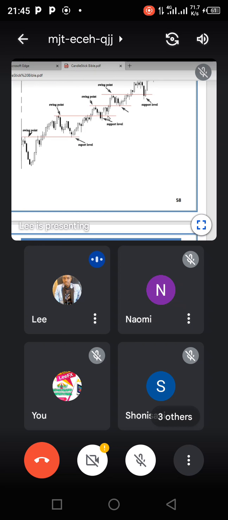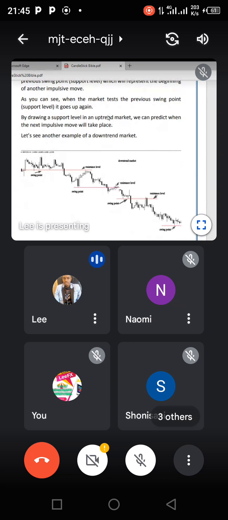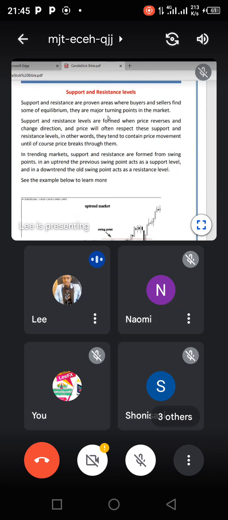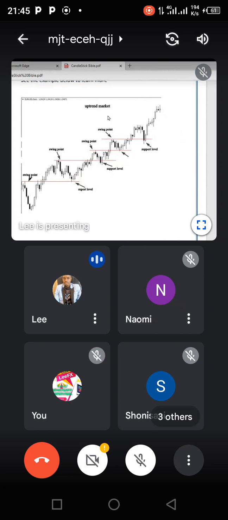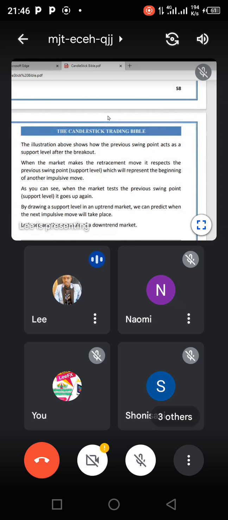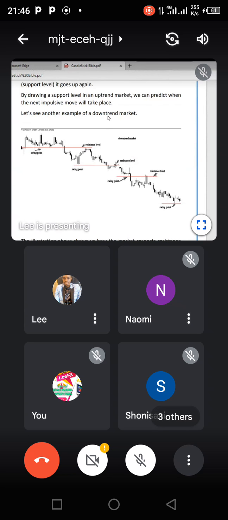Okay, so support and resistance are so important. Now, looking at it in a downtrend. The first one, we were looking at it in an uptrend market. Now this time around, we are looking at it in a downtrend market.